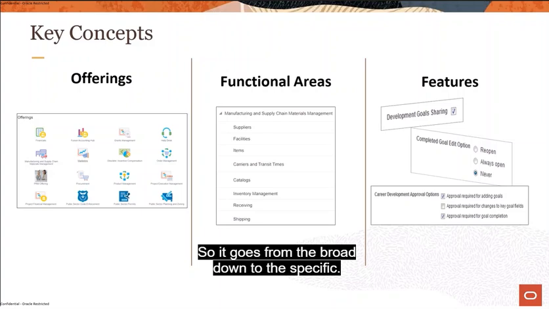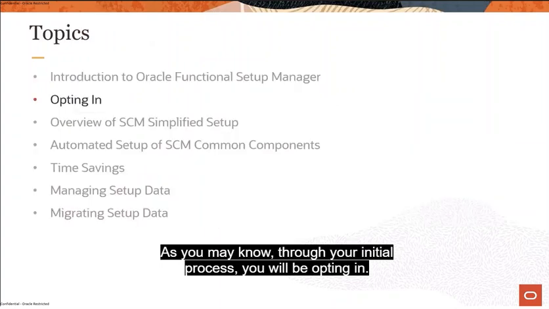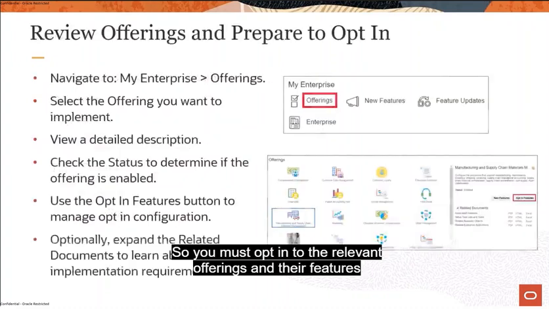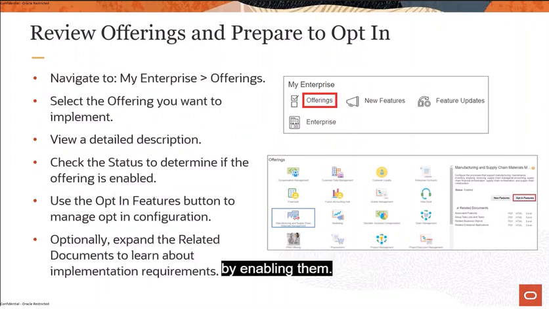So it goes from the broad down to the specific. As you may know, through your initial process, you'll be opting in, and then each quarter there are things that you can opt into. So you must opt into the relevant offerings and their features by enabling them.